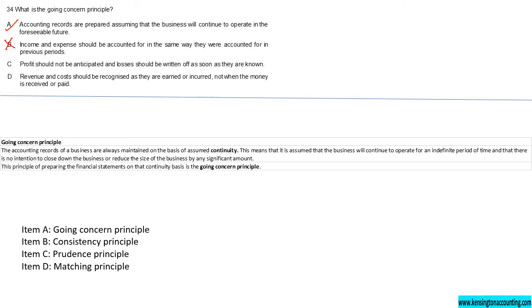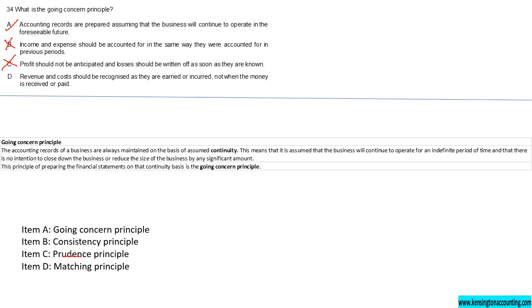Item C, profits should not be anticipated and losses should be written off as soon as they are known. This is prudence principle. Prudence principle requires, as mentioned in the question, that no profit should be anticipated, and as soon as losses are known, they should be booked and expensed in the current year income statement. Therefore, this is also not the correct answer.